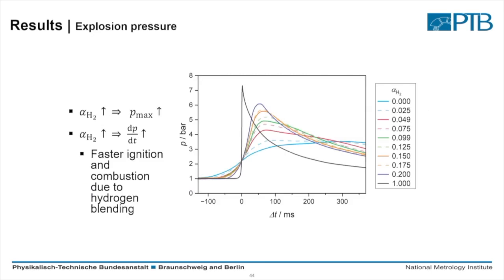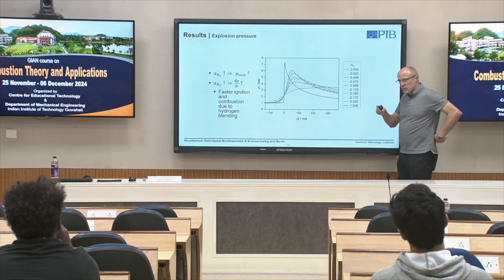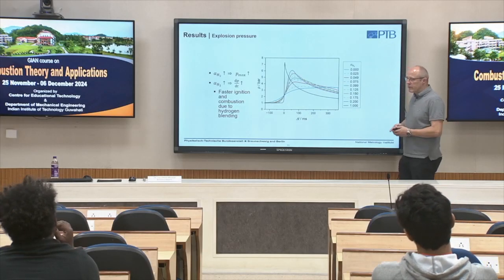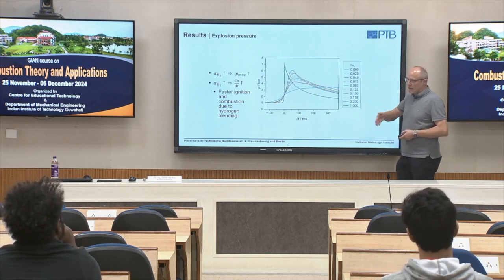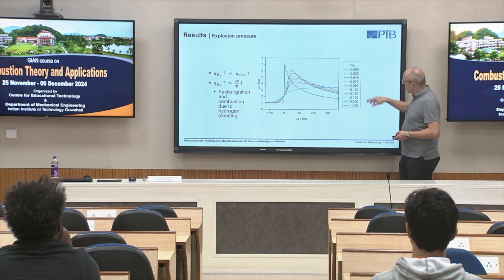So how does it look for the pressure? Again, from 0 to 20%, we add hydrogen, and 0 to 20% means of the combustible. So we replace ammonia with hydrogen, and we always have an equivalence ratio of 0.9.